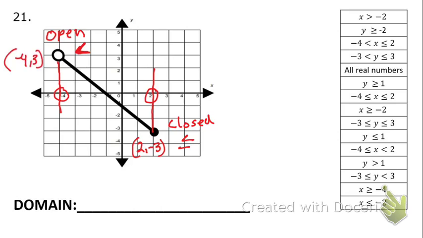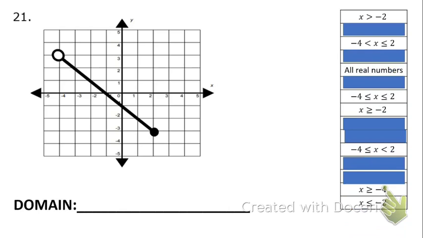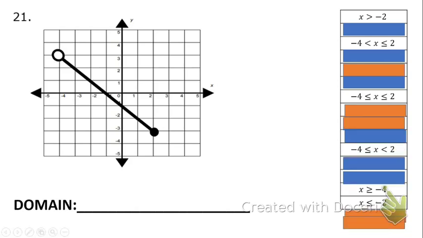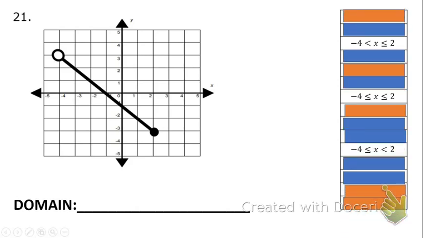All right, so we're looking for domain, which is only the x's. So if it's only the x's, I can eliminate all the answers with y values. All right. Next up, this is a beginning and this is an end. So we can eliminate all real numbers and the ones that only have one number because it has a beginning and an end.